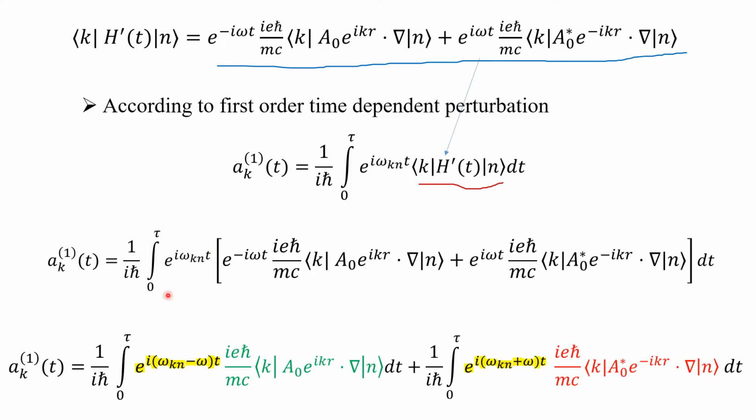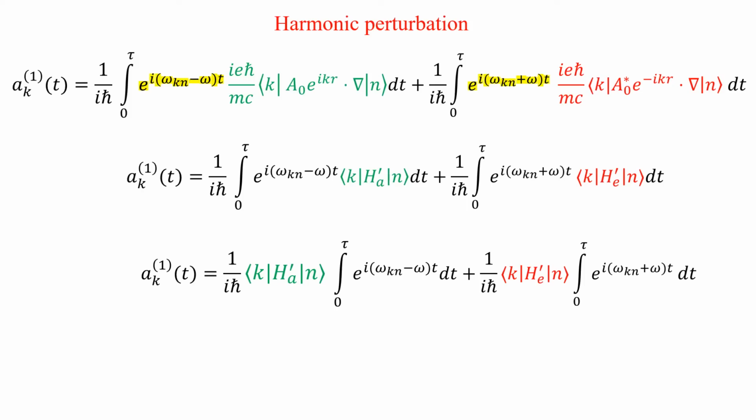You have omega kn outside the bracket, omega kn plus omega t, which will become e power I omega kn plus omega t, plus this constant term and this product, which is represented in the Dirac notation. We are taking integration with respect to t. We end up with this equation.